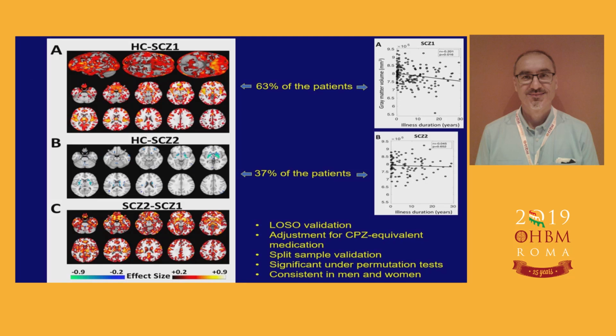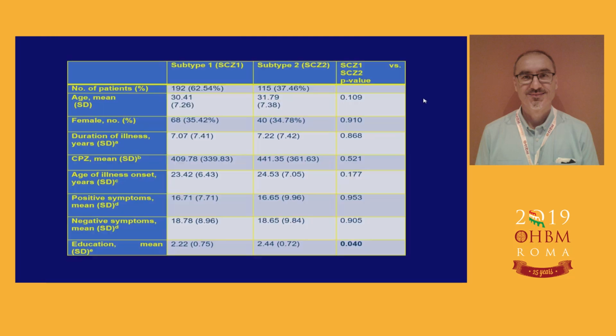Roughly one-third of the patients had no abnormalities, completely normal brains, except they had increased striatum and increased internal capsule. The first subtype, if you look at them against disease duration, the cortical gray matter was going down with disease duration. The other group remained stable with disease duration. So potentially this might have a more progressive neurodegenerative disease.